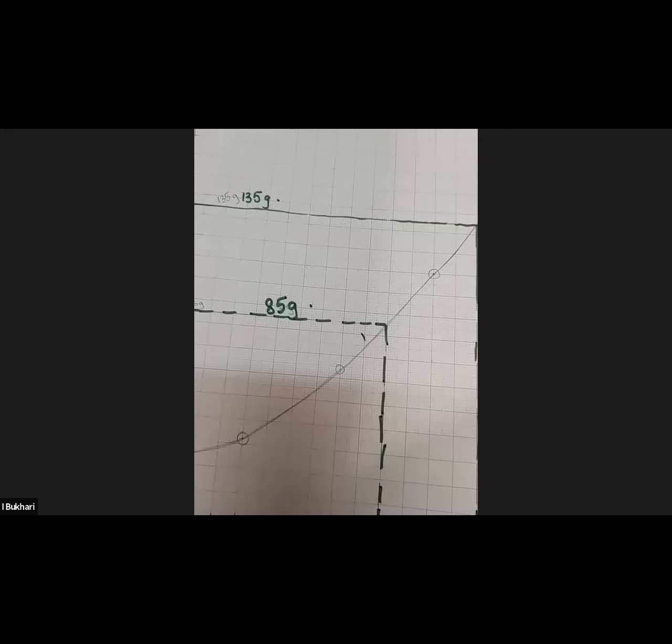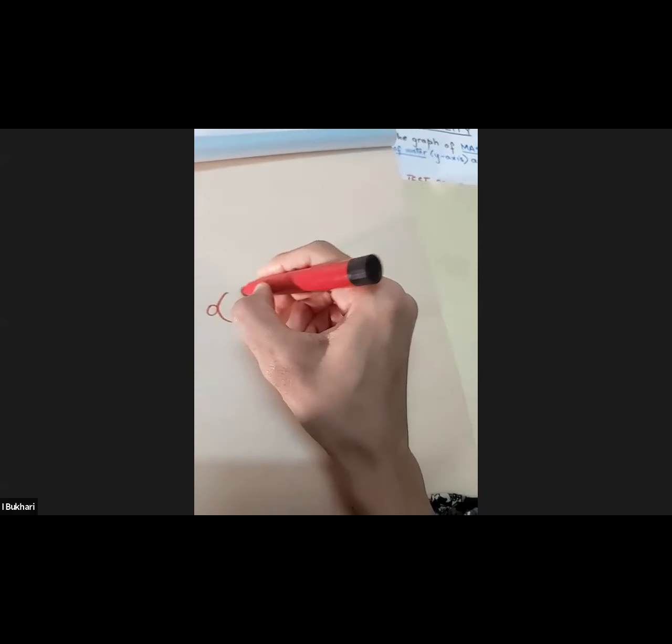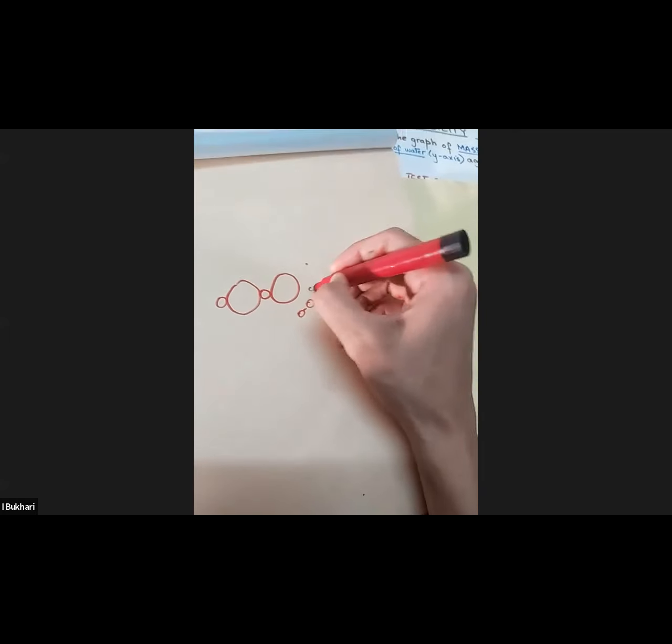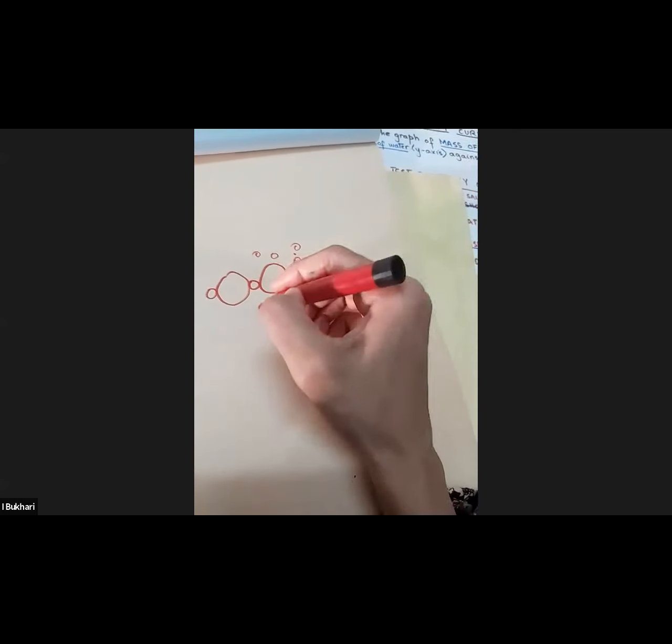Yeah, okay, that's a good question. See, solubility has to do with the bonds that have to break, because remember what is happening in dissolving. I showed you the videos, right? Let me draw a diagram and show you. So this is a salt, and then water molecules are coming and pulling them out, right?